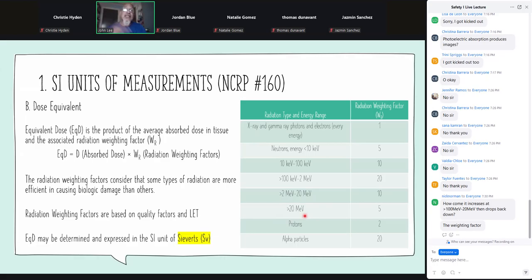So it's actually not dropping back down. keV, of course, is 100 kiloelectron volts to 2 mega electron volts. This is 2 mega electron volts to 20 mega electron volts, and then 20 mega electron volts. So it's actually not going back down.